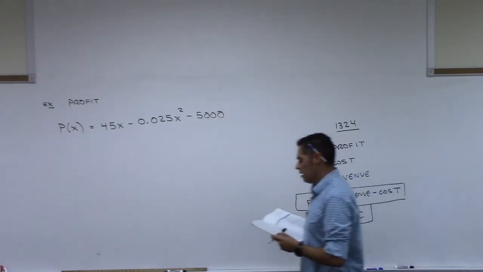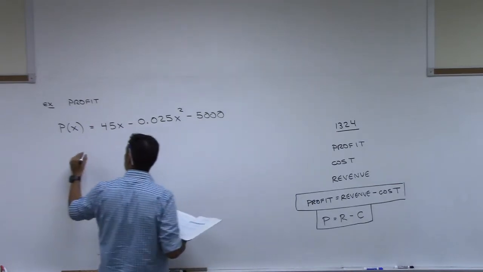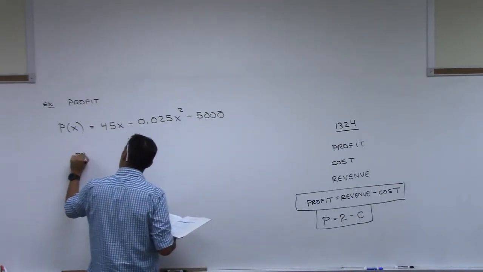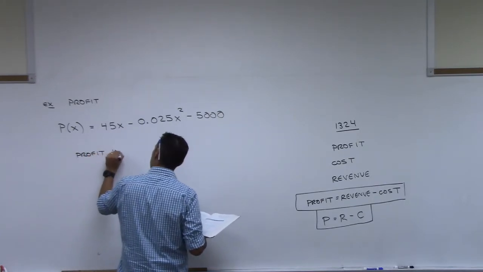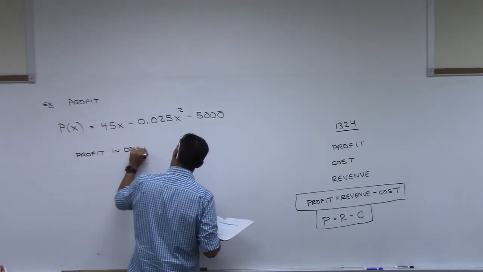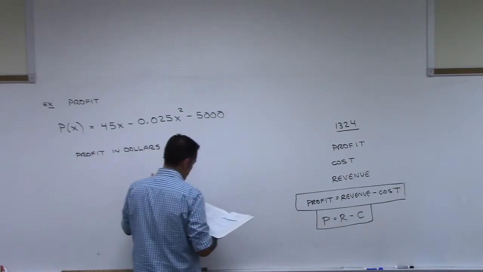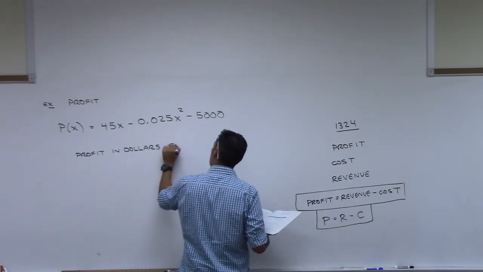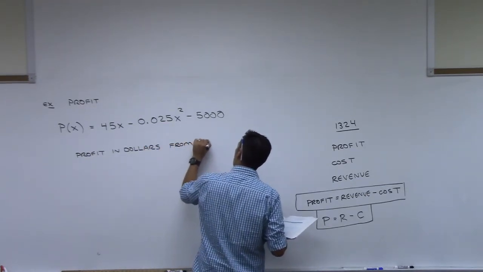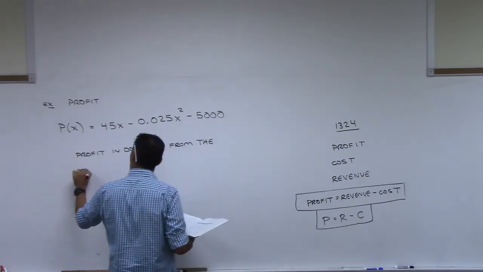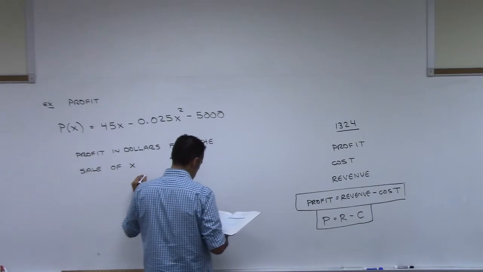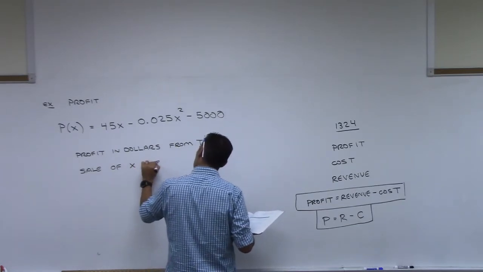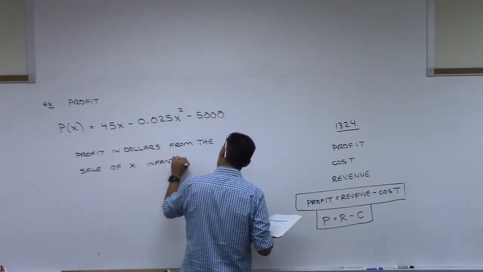This right here represents the profit in dollars from the sale of x infant car seats.